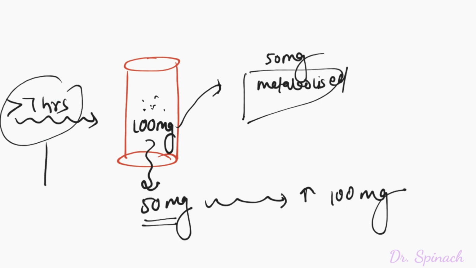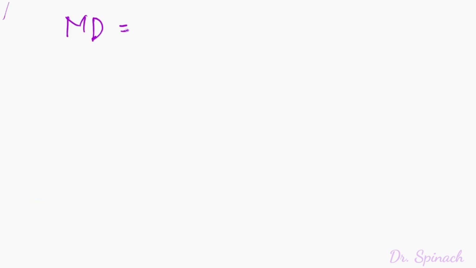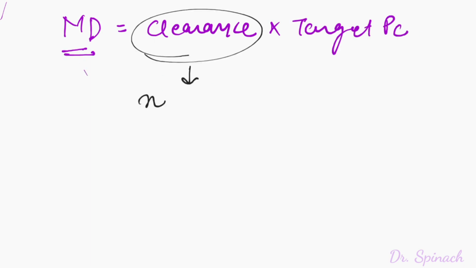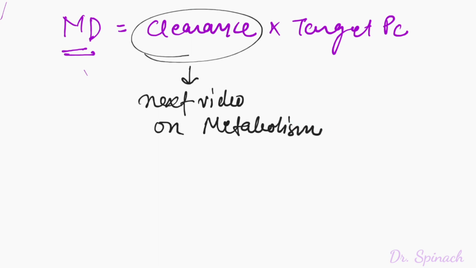This dose of the drug that's given after 7 hours is known as maintenance dose. Hence, maintenance dose depends upon clearance, which is a measure of metabolism of a drug, and also upon the target plasma concentration. We will look into the details of clearance in my next video on pharmacokinetics of metabolism.